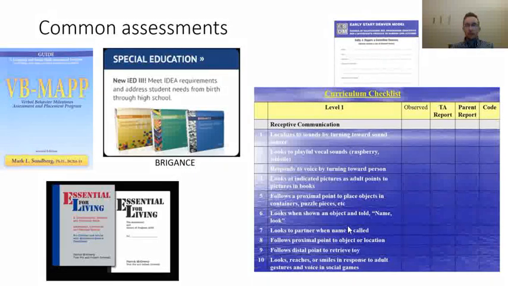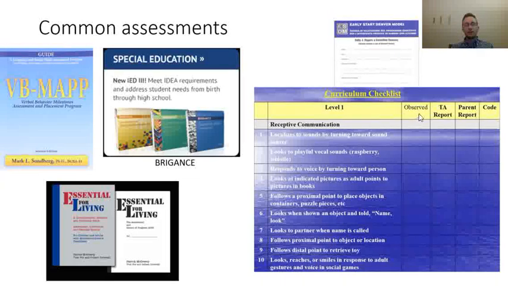It's organized by different levels and domains. So here, level 1, receptive communication is really where you would start out in this assessment. And some common features of these assessments are that you can either collect the data on the student's skills by making direct observations yourself or interviewing others.